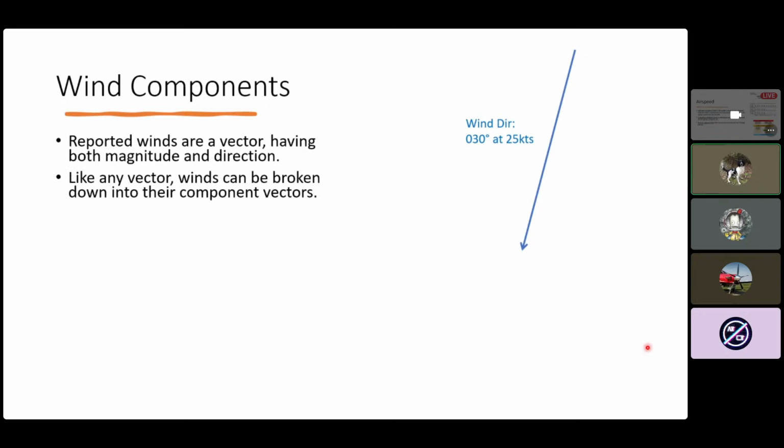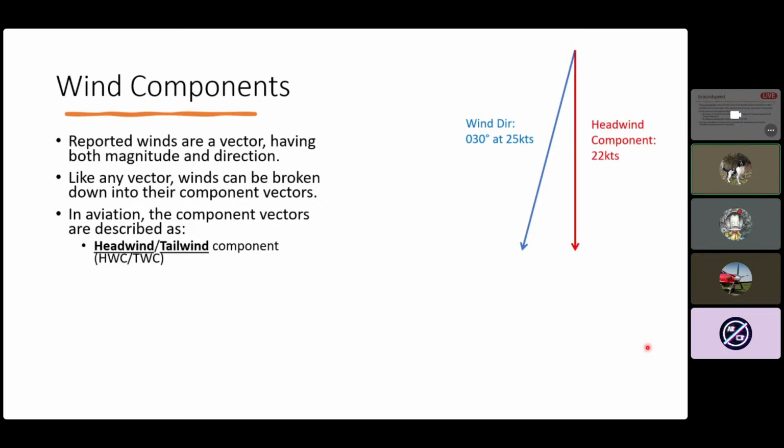Now, Noel, me and you touched on this briefly in the crosswind circuit training, and this was actually the inspiration for this whole thing, because what I was trying to explain very badly would have been much more easily explained with a picture. So in aviation, we break the wind down into two components. Okay, we break it down into headwind component, and we break it down into crosswind component.